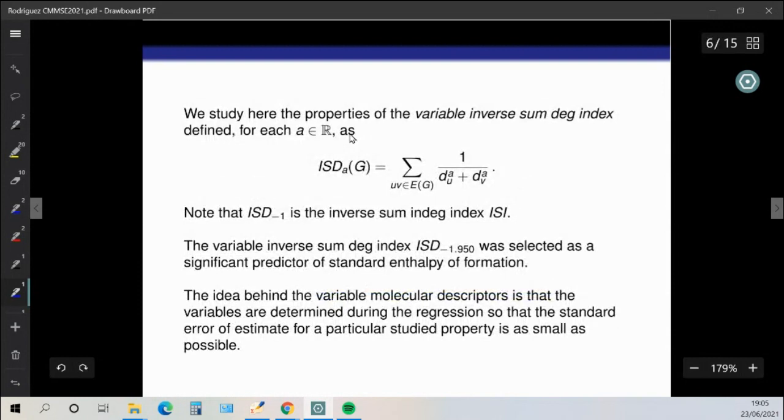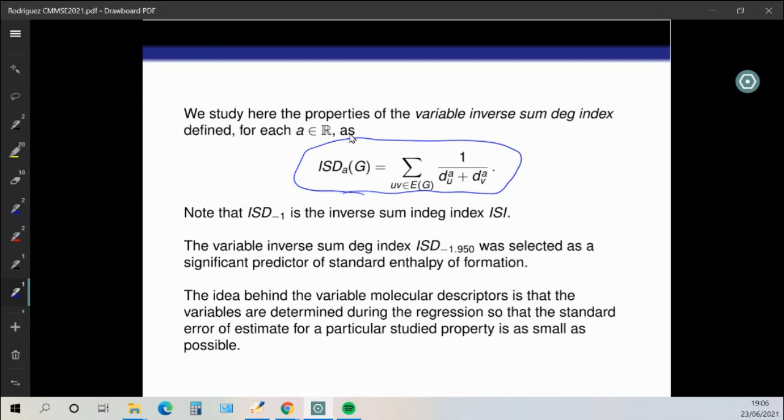We study here the properties of the variable inverse sum index, defined for a real number a as this expression.